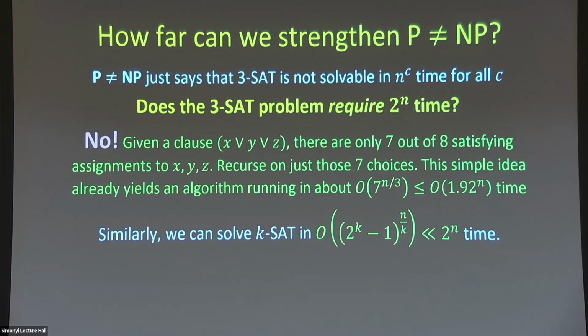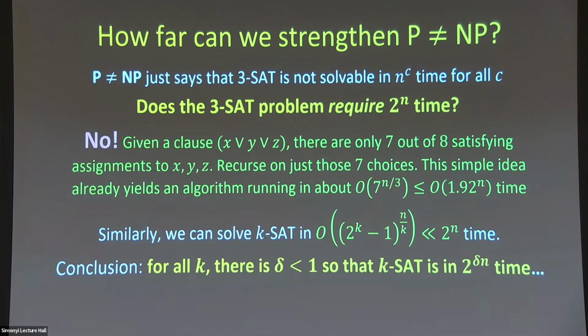These will always give you bases of exponents strictly less than 2. And so the conclusion is that for all k, there is some delta less than 1, so that k-SAT is in 2 to the delta n time. So we can always solve a little bit faster than 2 to the n time.